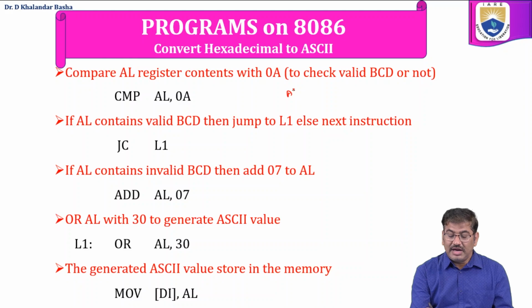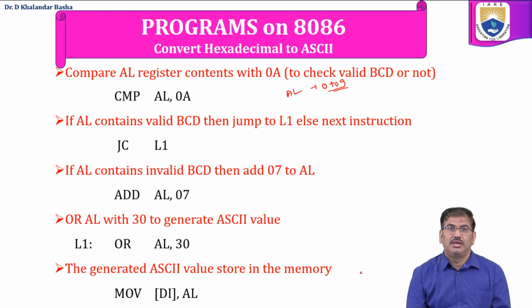If the AL content lies between 0 to 9, then it is already a valid BCD number. If it lies between A to F, then it is an invalid BCD number that we want to convert into valid BCD. So we compare with 0AH. When the number in the AL register is less than 0AH, the carry flag is equal to 1, which indicates it is a valid number, so no need to add anything.